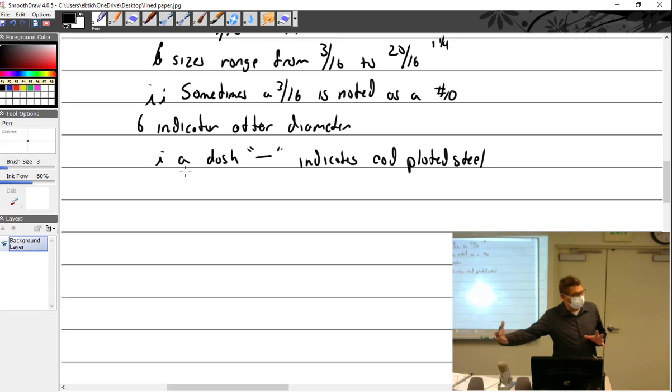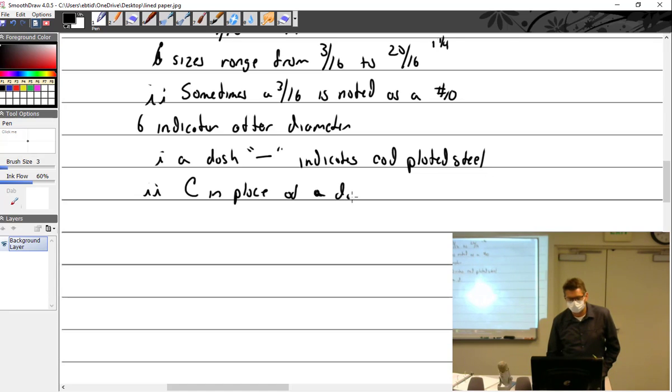All of the new modern hardware is gold plated. It's just a cad plating on it. But then you get into corrosion resistant steel. So a C in place of a dash indicates corrosion resistant steel.